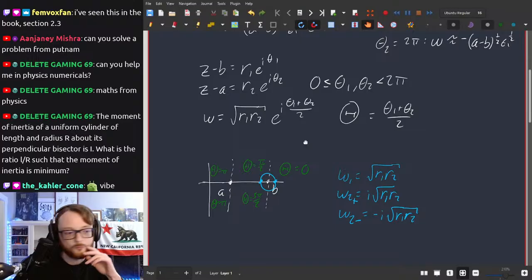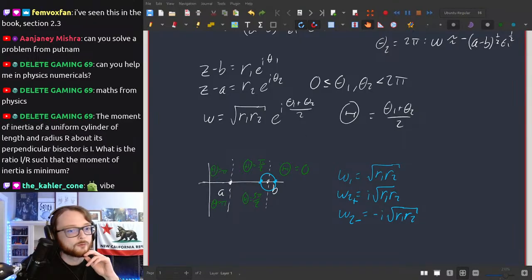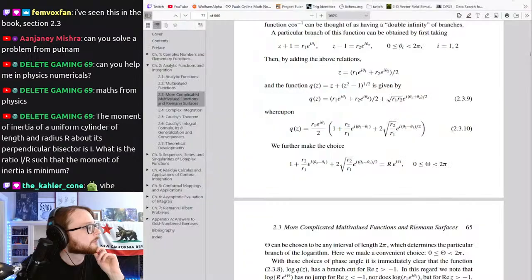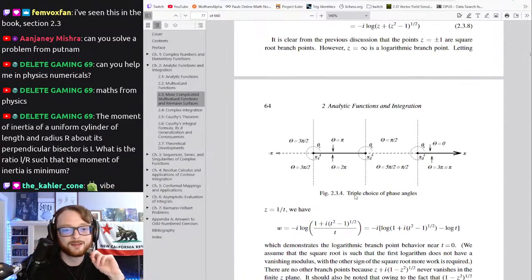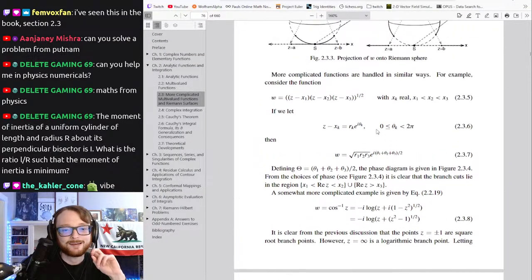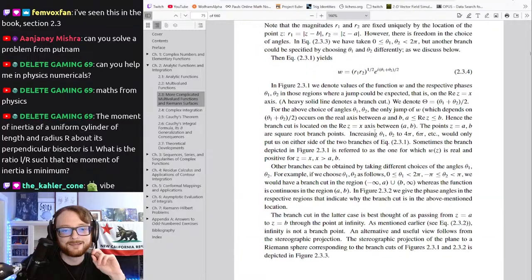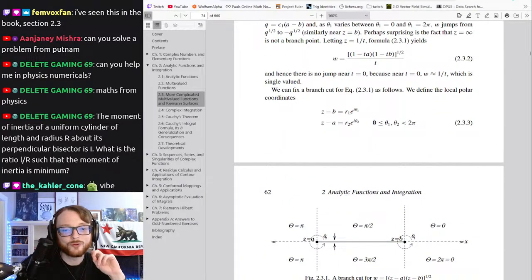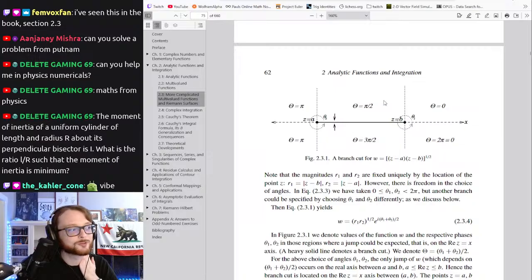Okay, so I did have a breakthrough with the branch cut thing, at least. I finally understood why this choice of ranges for theta 1 and theta 2 corresponds with this branch cut here.